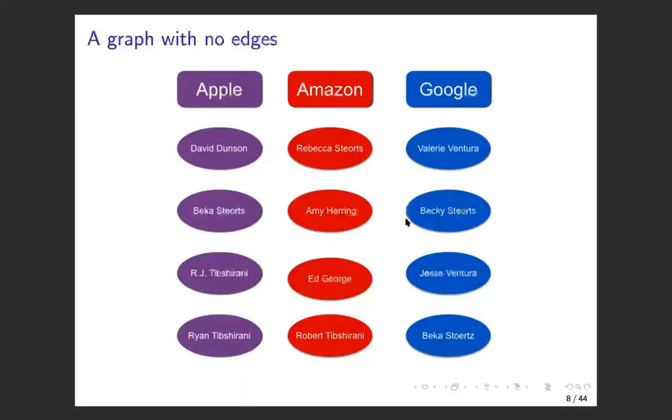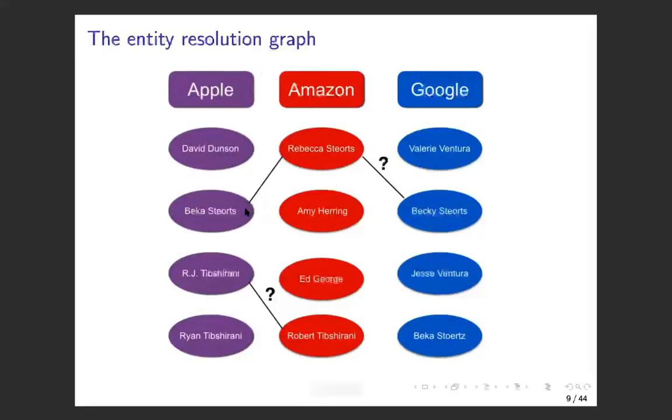And then I have another entity over here that's Becky. We'll get to that in just a moment. The goal of this problem is to figure out, well, is this Becca Steorts and this Rebecca Steorts the same person? If they are the same person, I'm going to say that they're co-referent or that they're a match. And if they're not the same person, I'm going to say that they're not co-referent or they're not a match.